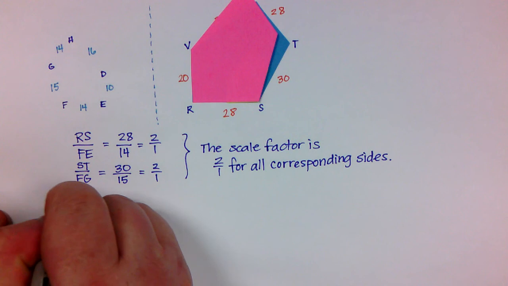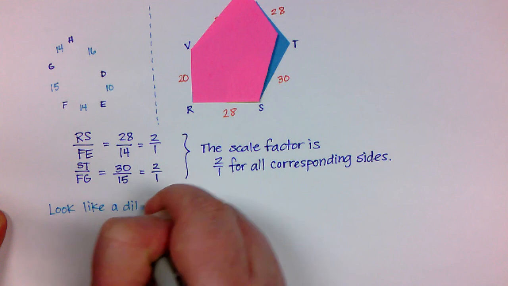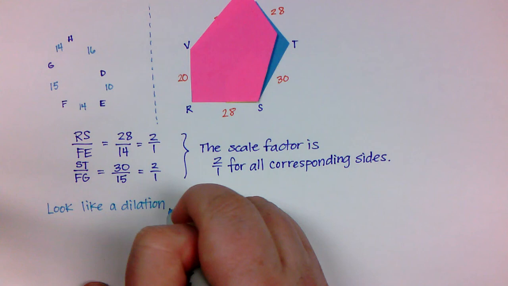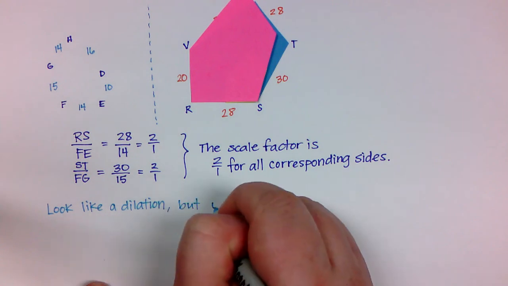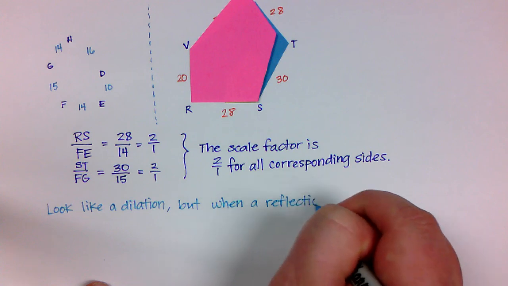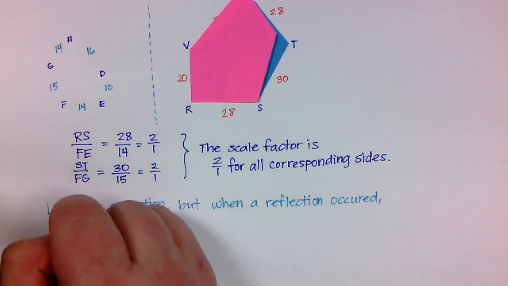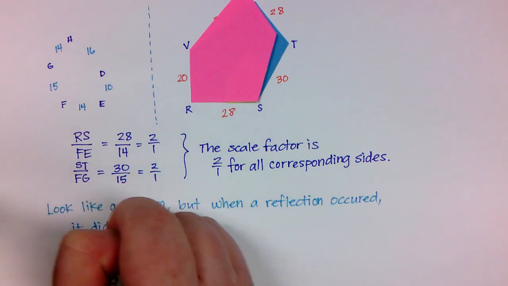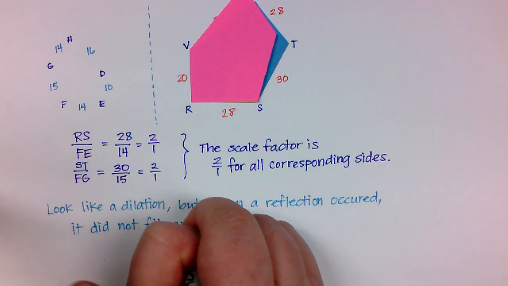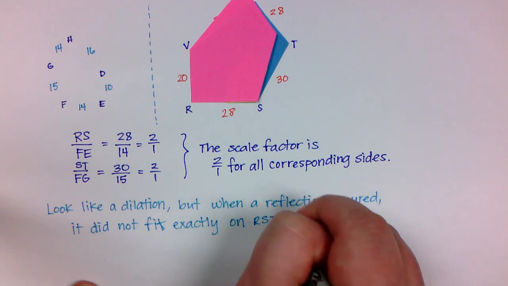So we could say that it looks like a dilation, because the scale factor was 2 to 1, but when a reflection occurred, it did not fit exactly on our STUV.